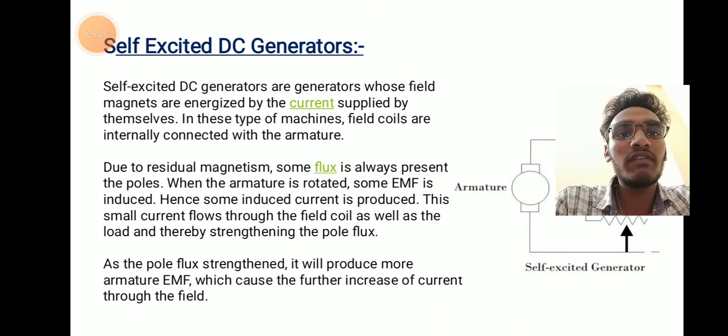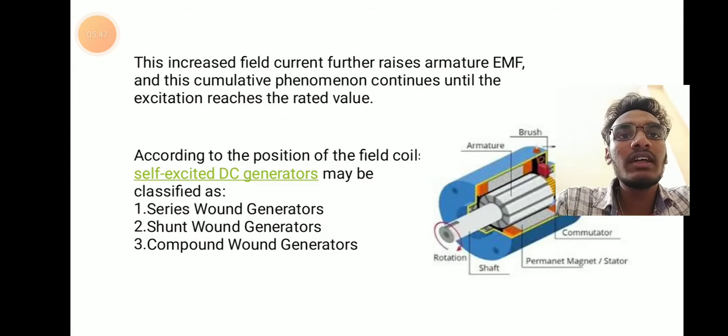This small current flows through the field coil as well as the load, thereby strengthening the pole flux. As the pole flux is strengthened, it will produce more armature EMF, which causes a further increase of current through the field. This increased field current further raises armature EMF, and this cumulative phenomenon continues until the excitation reaches the rated value.